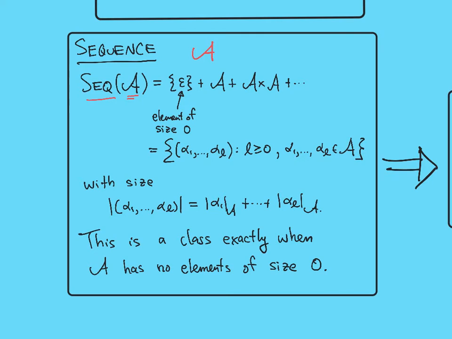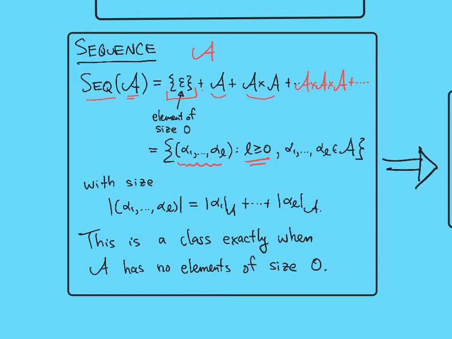So this will start with a neutral class, disjoint union, and then we'll have A itself, plus A cross A, plus A cross A cross A, and so on, a disjoint union of all these different things. You can think of this as the following set: alpha 1 through alpha L, where L gets to vary from 0 to infinity.